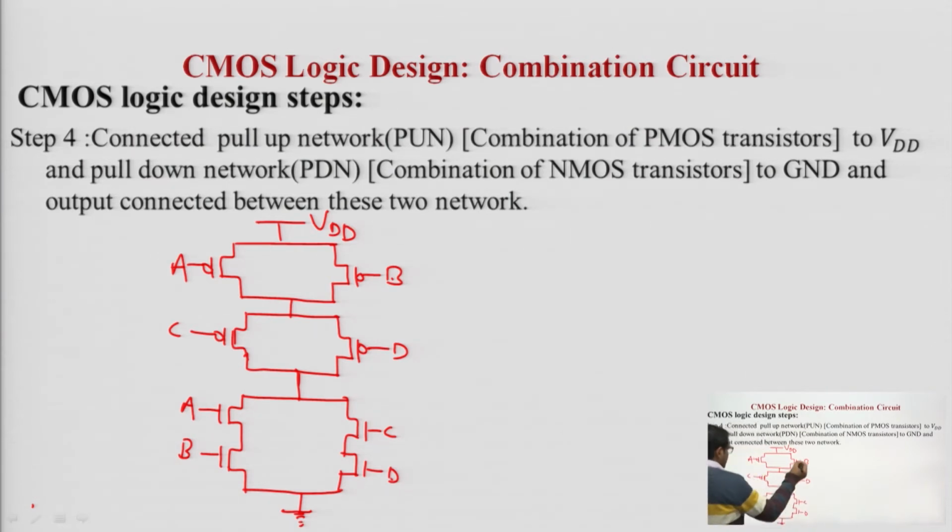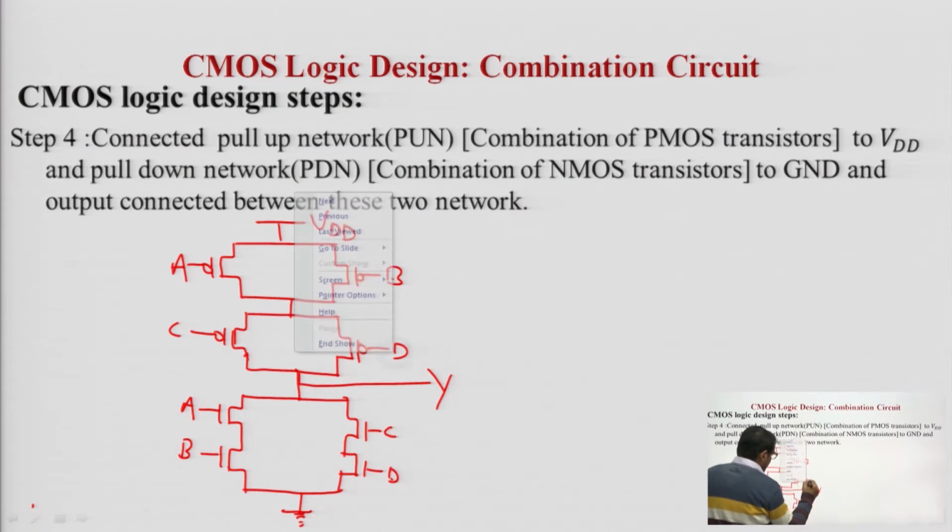So this is the pull up network, a combination of PMOS, and the lower side is the pull down network, a combination of NMOS, and output is taken from between these two. So we finally get the Y.